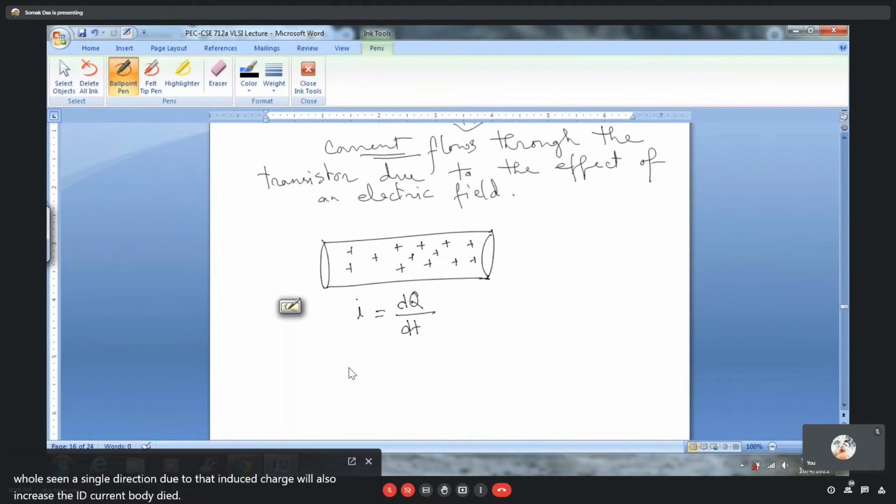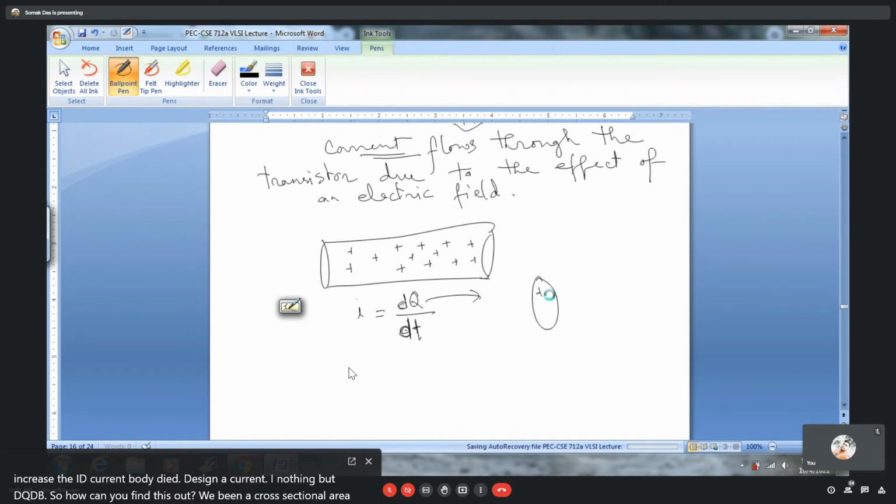What is I? The current. I is nothing but dq dt. So how can you find this out? Within a cross-sectional area, what is the amount of holes?